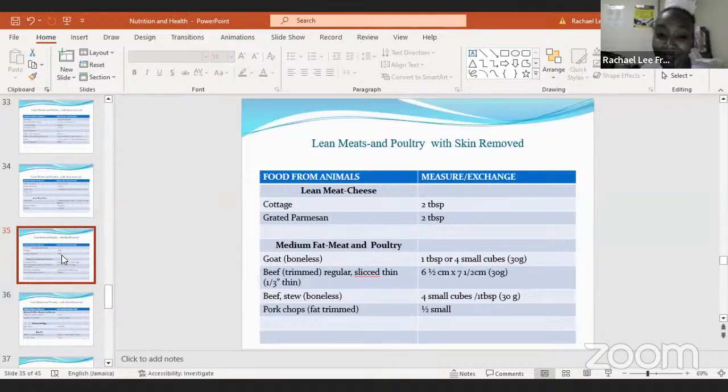That's impossible for me if I love curry goat. And your beef, if it's trimmed, your regular slice should be thin, 6.5 centimeters by 7.5 centimeters, or an estimated 30 grams. If you're stewing the beef, it's supposed to be 4 small cubes.